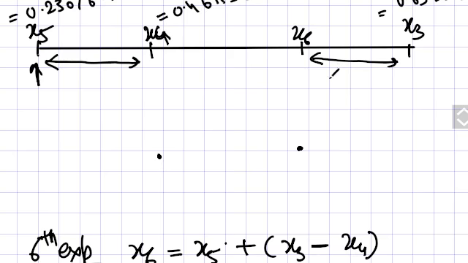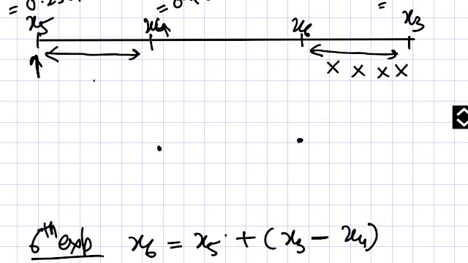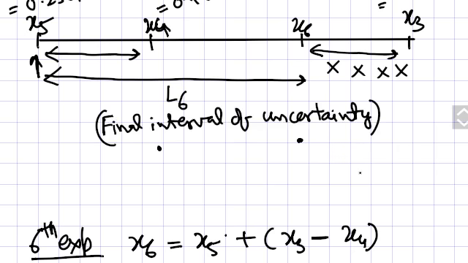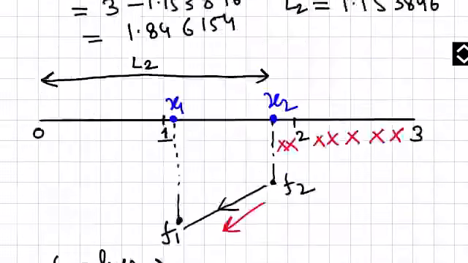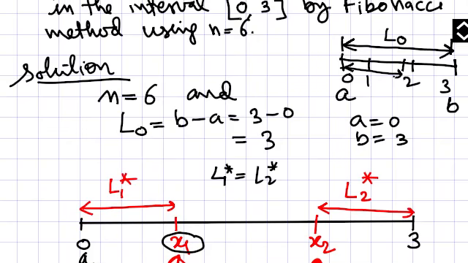So after your sixth experiment, you can say that your minimum is lying in this interval, and this distance is called L6. A particular name has been given to it: the final level of uncertainty. And when we started, what was our interval of uncertainty? It was this 3.